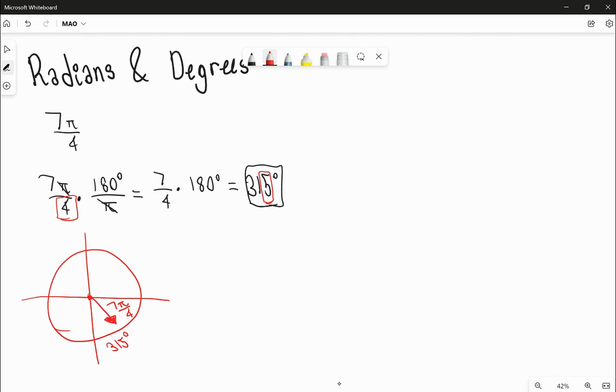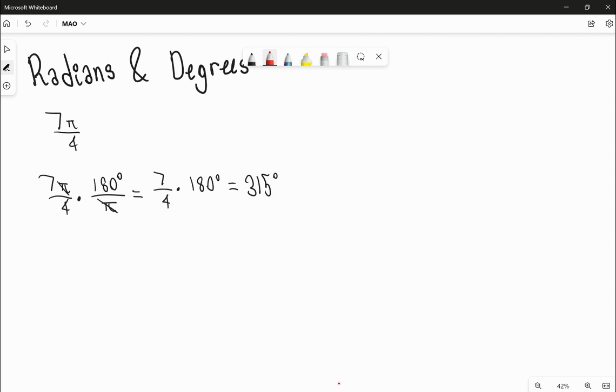So if you wanted to solve for the distance from the x-axis here to that 315 degrees, you would get 45 degrees. 45 degrees then is equal to pi over 4. That's with coterminal angles, which we'll get into in a different video. But that's our answer for this one.